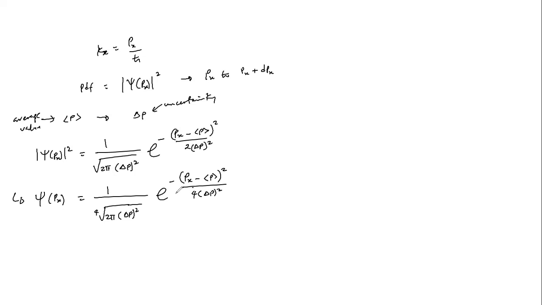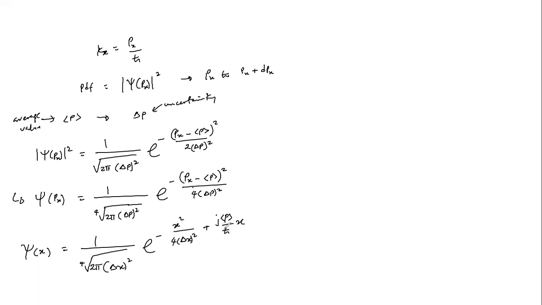By taking the inverse Fourier transform, the corresponding state function is the fourth root of 2 pi, times the uncertainty, e to the minus the uncertainty squared x squared over h cross squared, times e to the i expected value x over h cross.